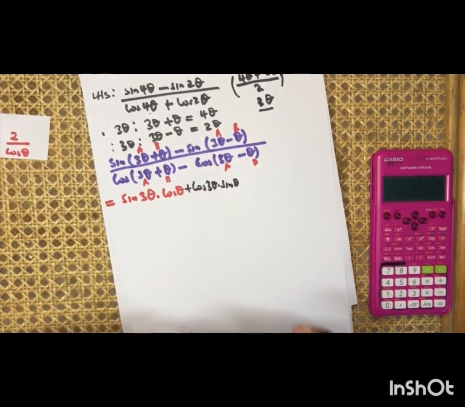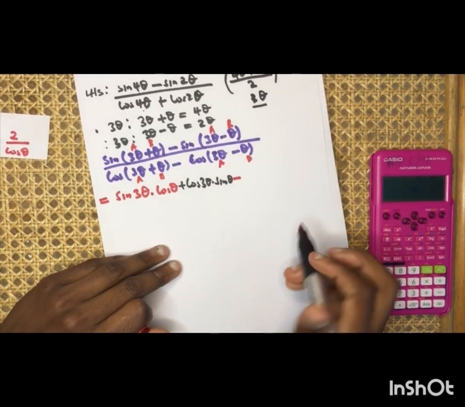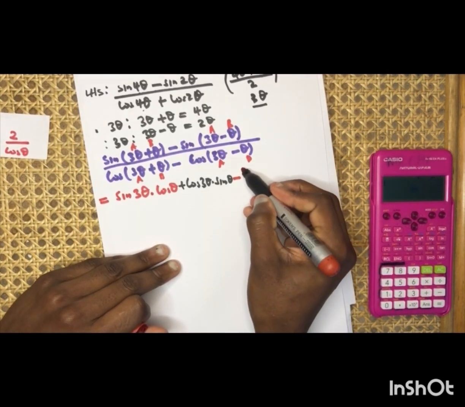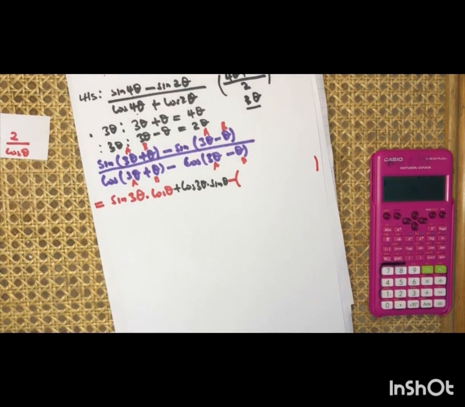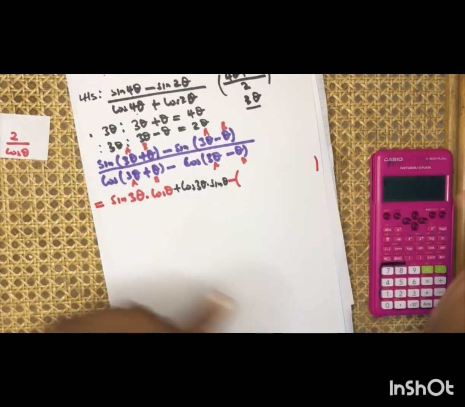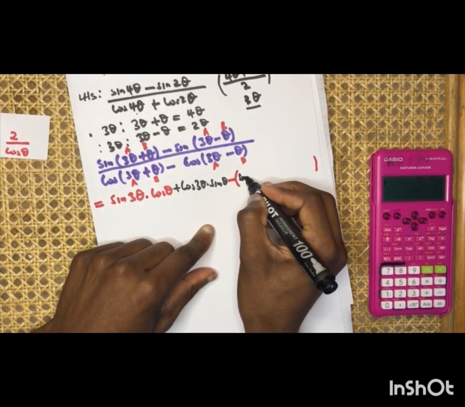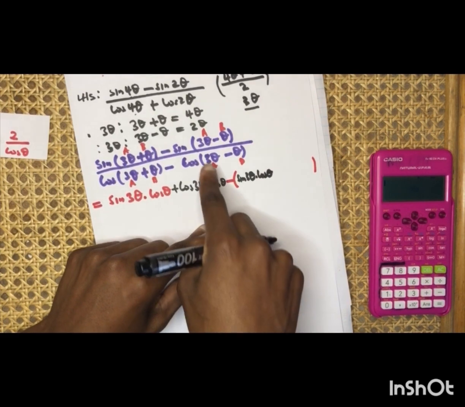Then we have this negative, guys, from the question. We have negative, and then to make my life easy, I'm going to put the brackets like this. Understand? So the compound of sine again is going to be sine cos. So sine 3 theta cos theta.